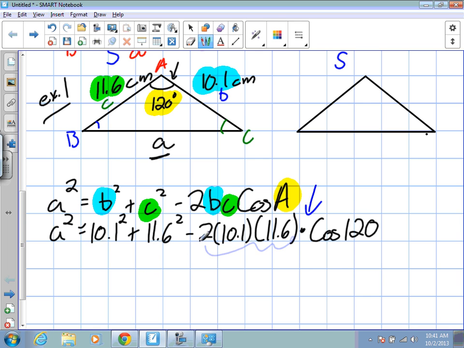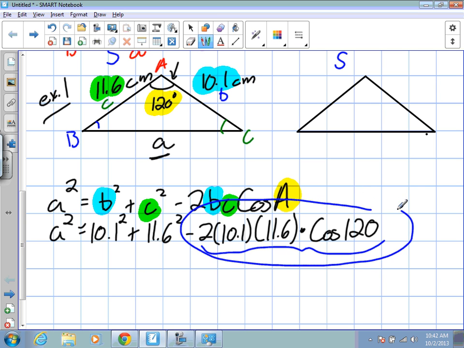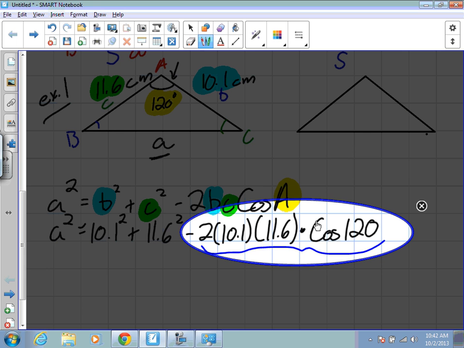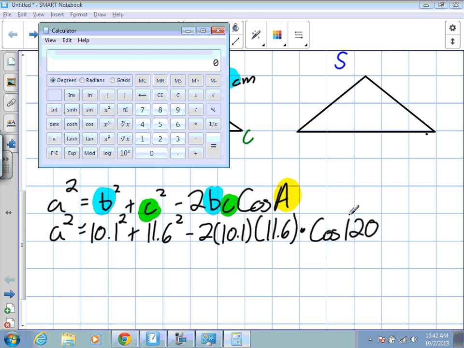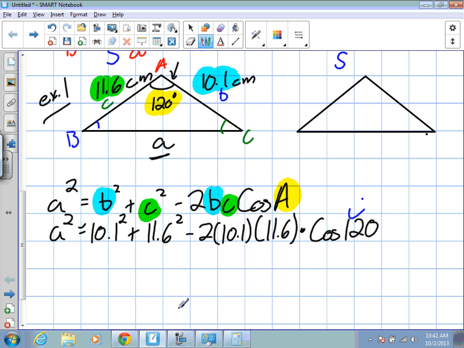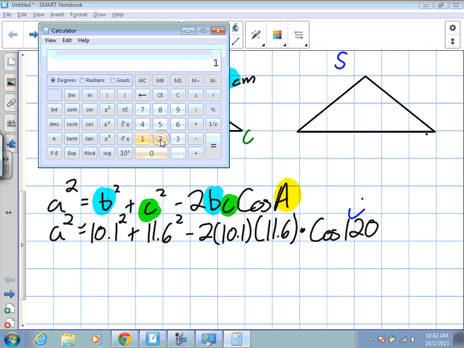So it's probably in your best interest to work at the back of the equation. I want you to focus on solving this part first. Solve this part of the equation first, then do the front after. So we'll take out a calculator for that. I'm going to type in cos 120. Okay, so it's a negative number in this case. Remember, obtuse angles. Times 11.6.